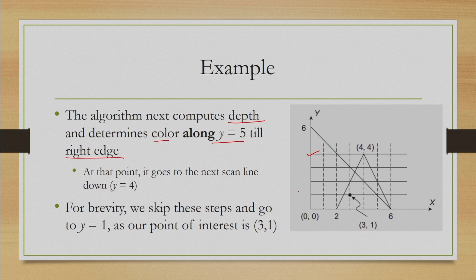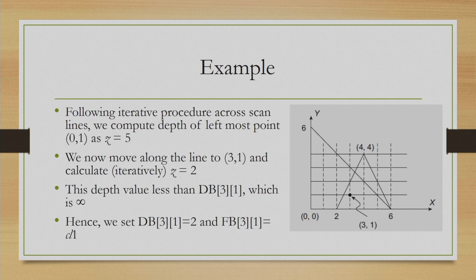Now, we can skip all these steps and go directly to y equal to 1, this line on which the point of interest lies. Following this iterative procedure that we have outlined earlier across scan lines, we compute first the depth of the leftmost point here as z equal to 5.